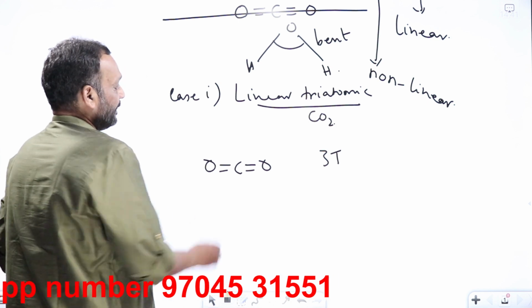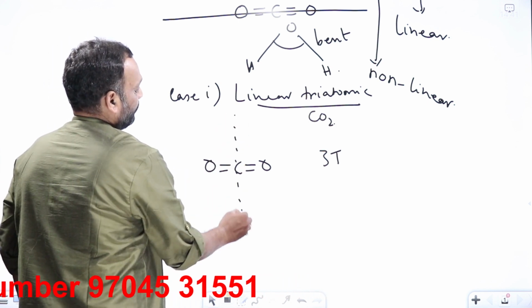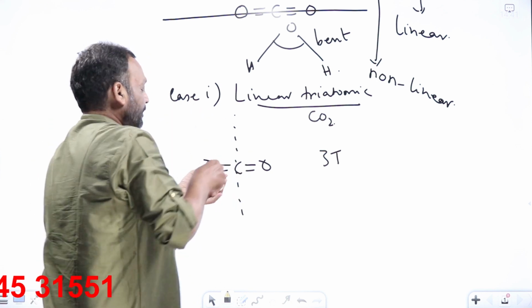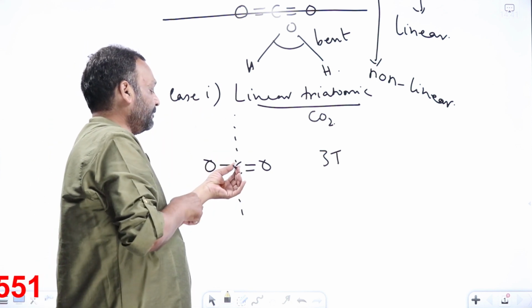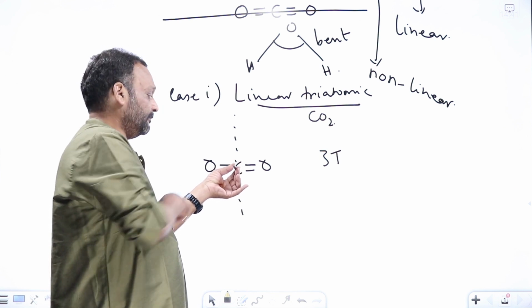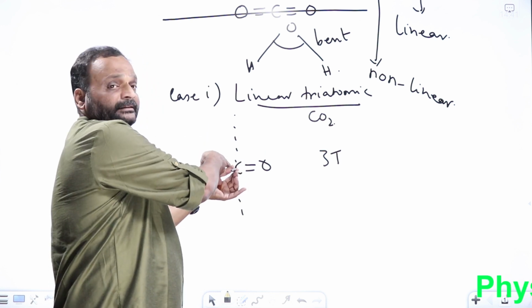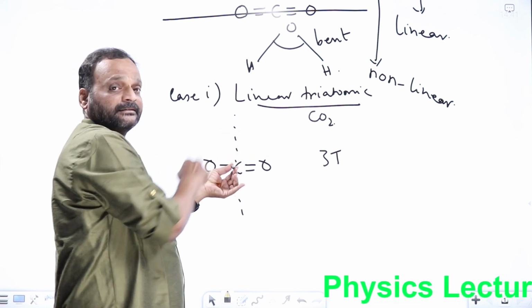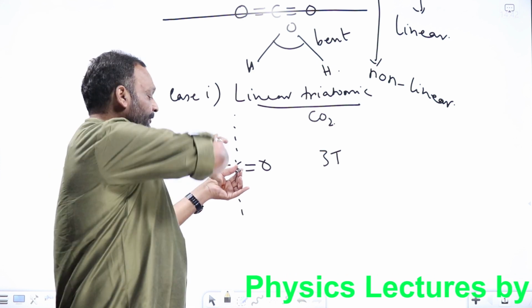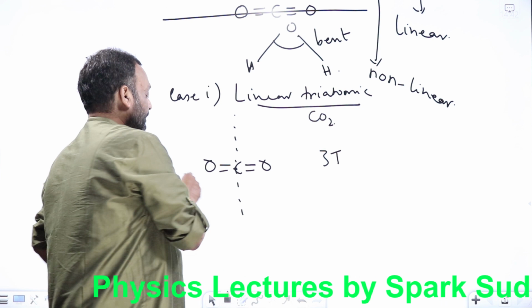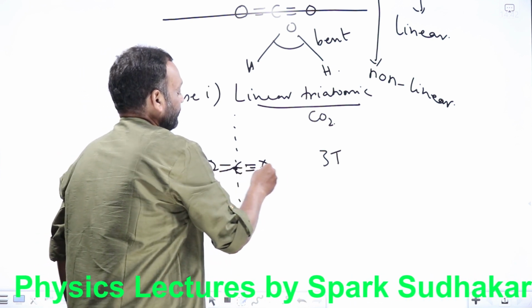Apart from that, I can make this molecule rotate about this axis like this. Or I can make this molecule rotate about this perpendicular axis, the axis which is perpendicular to the board. C will be at the center, these 2 oxygens are on either side, there is some mass distribution about this axis, moment of inertia mr squared will be there. But there is no moment of inertia about the molecular axis.